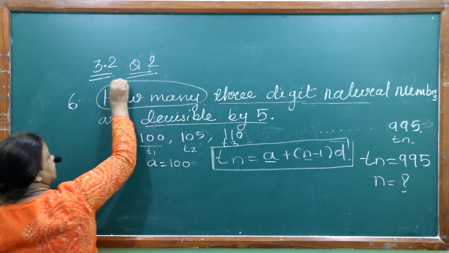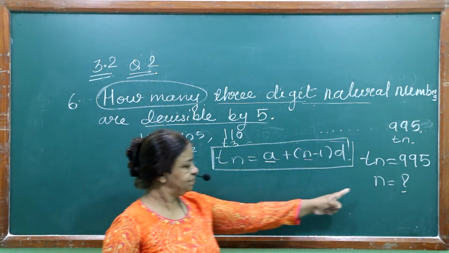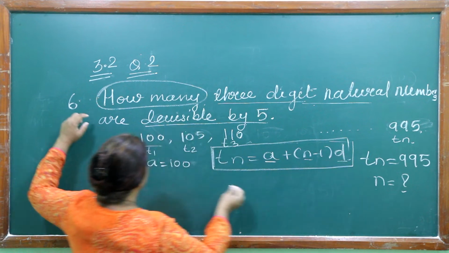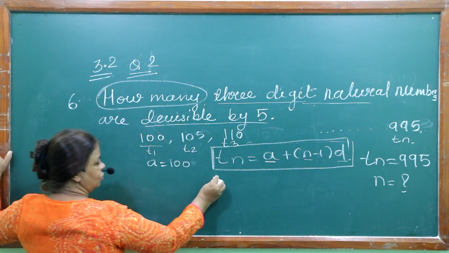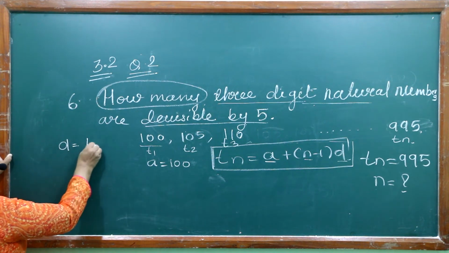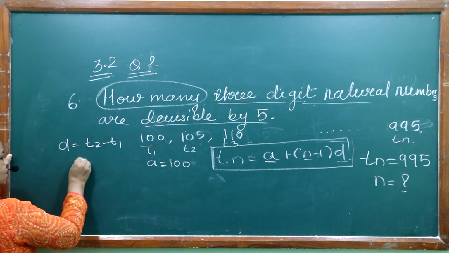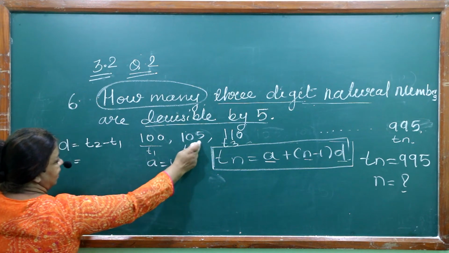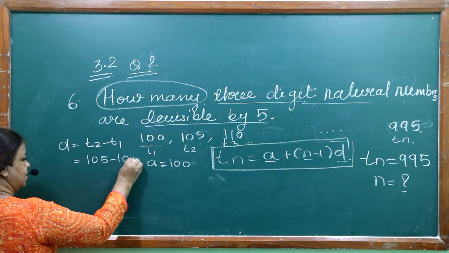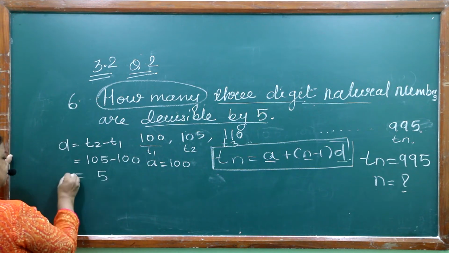The question says N. D I can find out. To get D, let us find D: T2 minus T1. 105 minus 100 will give me 5. So D is 5.